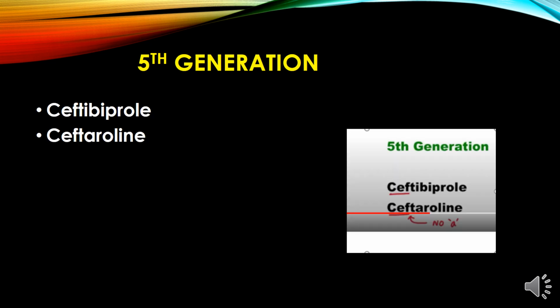Now the fifth generation, the newest and the latest one, has two drugs, ceftobiprole and ceftaroline. Remember one thing, both of these drugs are prodrugs, and in the names they have the word "role": ceftobiprole, ceftaroline. Okay?